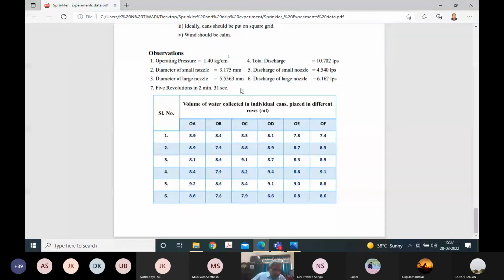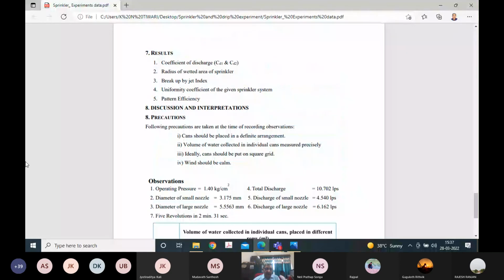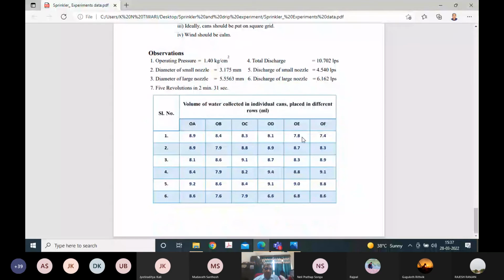So OA, OB, OC are the radial distances. Rather than making a grid, the cans are put at equal distances in a circular form, and these are the corresponding volumes of water collected in each can.